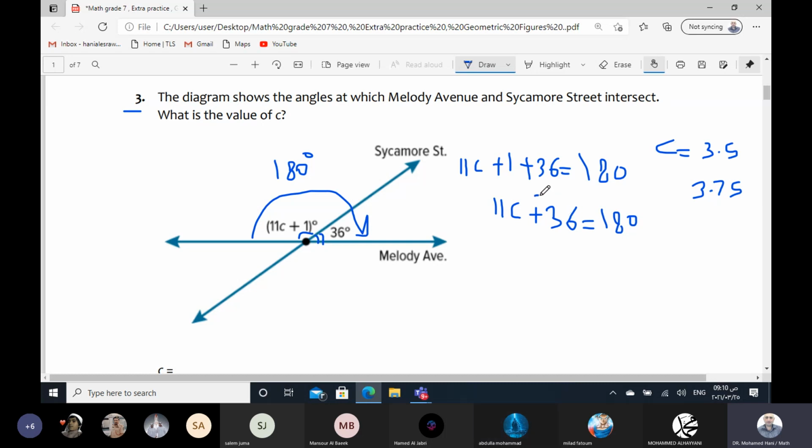So we can subtract 36 from the two sides, minus 36 here, and minus 36 here. Plus 36 and minus 36 will be 0, remains here 11c equal 180 minus 36.